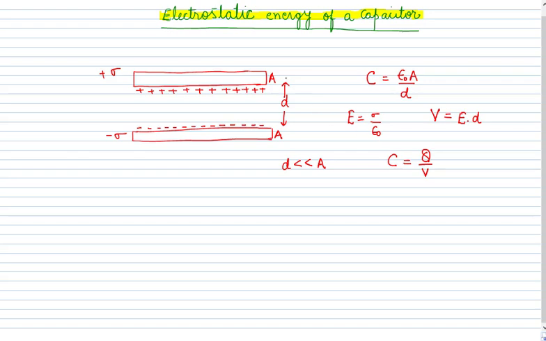So now we want to calculate the energy of a capacitor. So we want to shift this plate from here to somewhere here. So this plate is now shifted to this point, and the distance I have traveled from the initial position, so this distance is x.